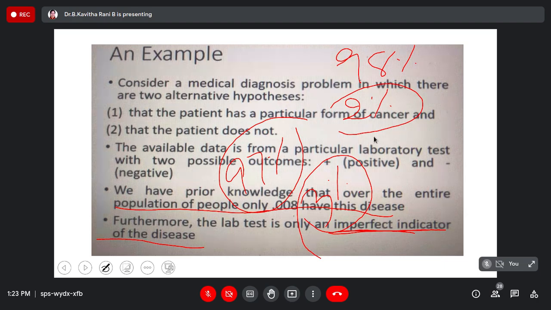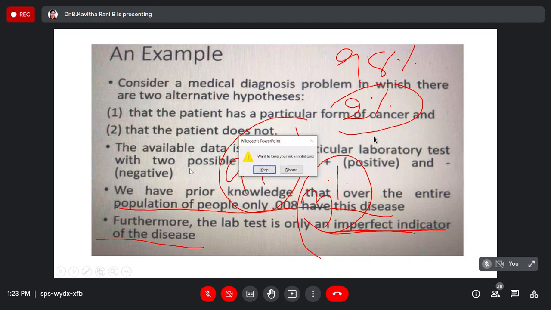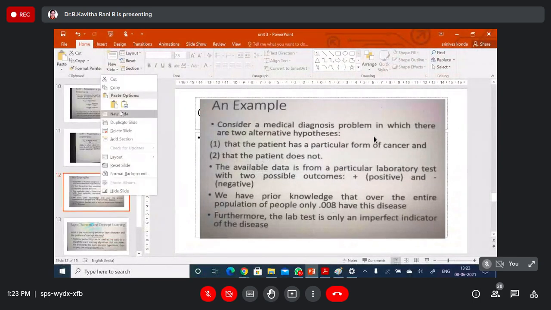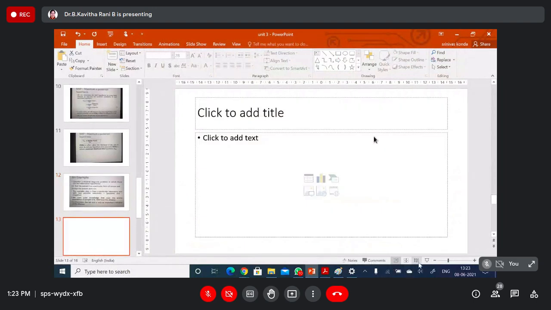Now, considering the above situation, it can be summarized as the following probabilities.